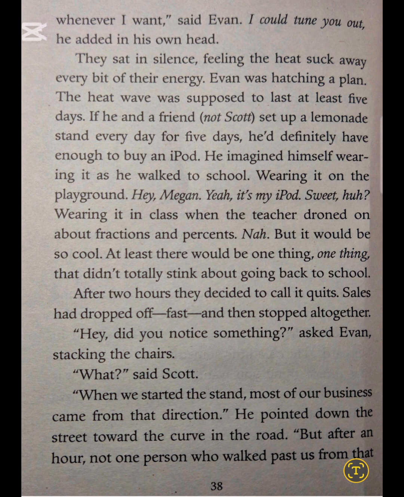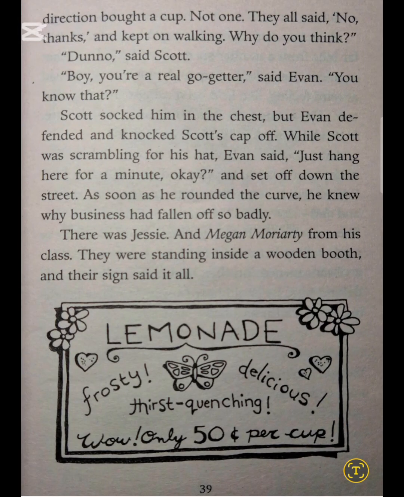"When we started the stand, most of our business came from that direction." He pointed down the street toward the curve in the road. "But after an hour, not one person who walked past us from that direction bought a cup. Not one. They all said no thanks and kept on walking."